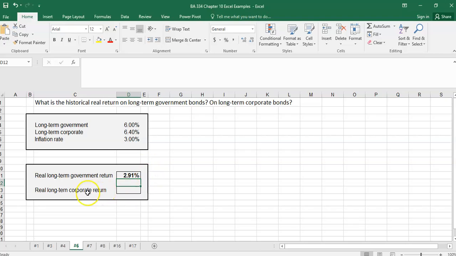And then for the long-term corporate return, we have 1 plus the corporate rate divided by 1 plus the inflation rate minus 1. So we have a real return of 2.91% on the long-term government and 3.3% on the long-term corporate.